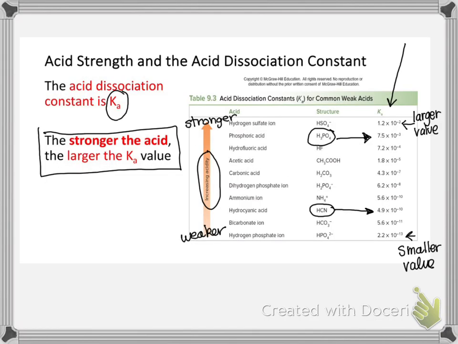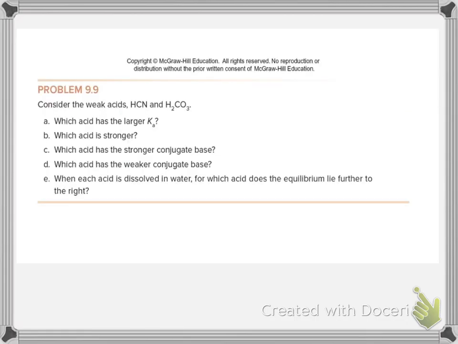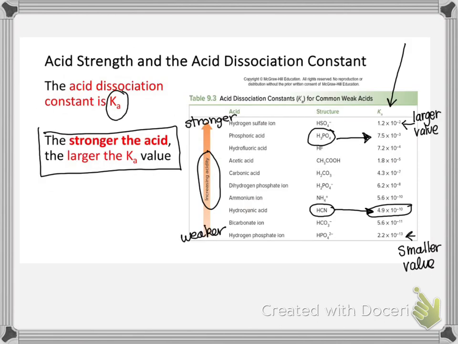Let's look back. So HCN is 4.9 times 10 to the -10. And then now I've got to go back and look at H2CO3. It's right here, and it's 4.3 times 10 to the -7.